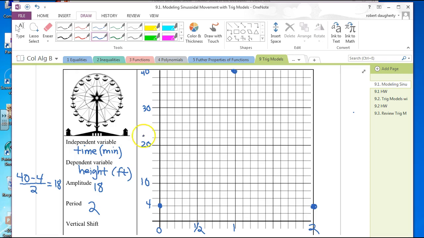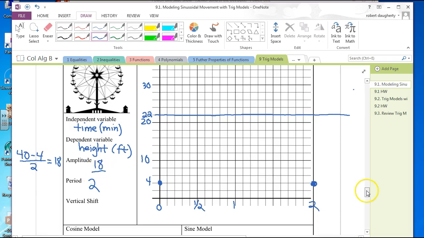So right here at 22, that's going to be where my vertical shift is. Since the amplitude is 18, my vertical shift is 4 plus 18, which is 22.